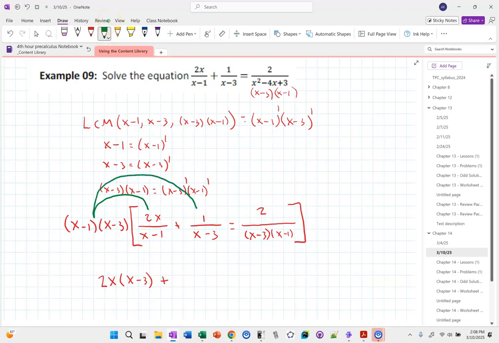When the x minus 1 times x minus 3 multiplies to 1 over x minus 3, what will reduce? X minus 3's. What are we left with? Well, we have the 1 and then the x minus 1.